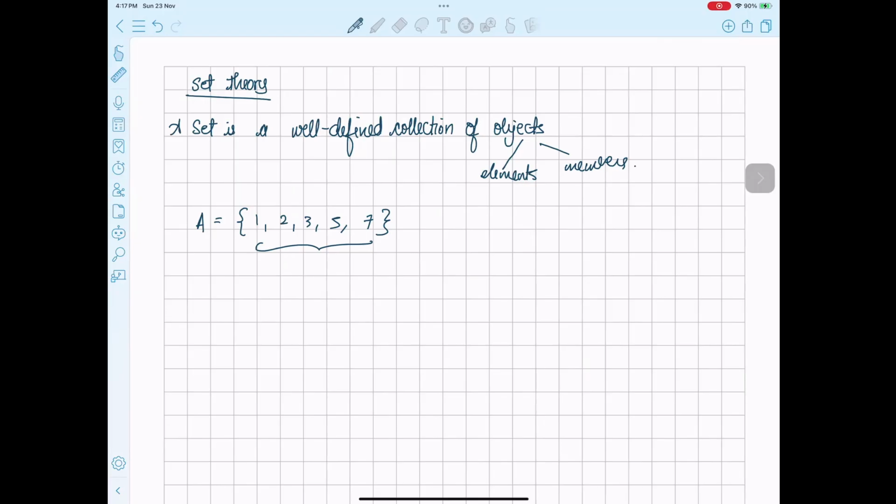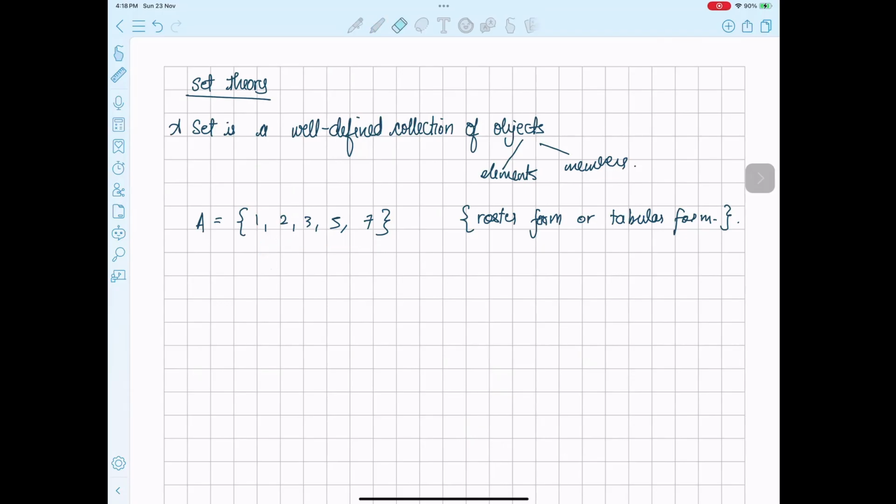Now, this is one type of representation which we can use to represent a set. This type of representation is known as a roster form, or a tabular form, of a set. In this form, we describe a set by listing the elements and separating them by commas within some braces.